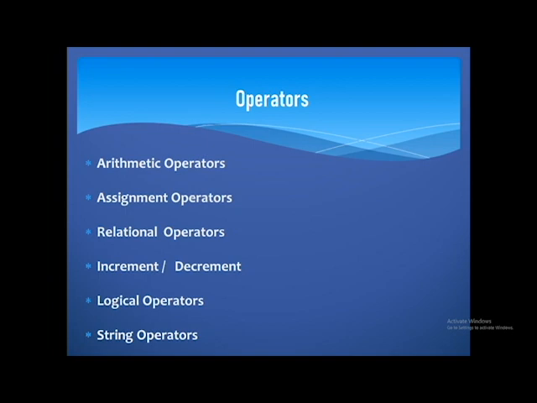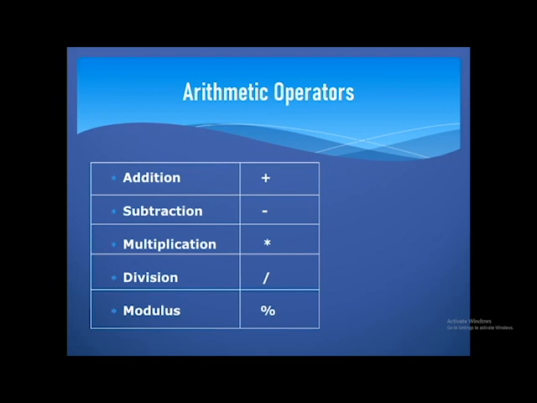Next, operators: arithmetic operator, assignment operator, relational operator, increment or decrement operator, logical operator, string operators. First one is the arithmetic operator. Arithmetic operators are addition, subtraction, multiplication, division, modulus.